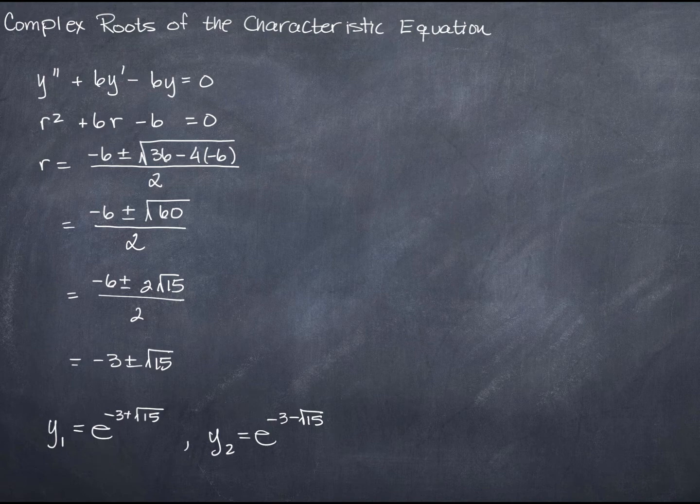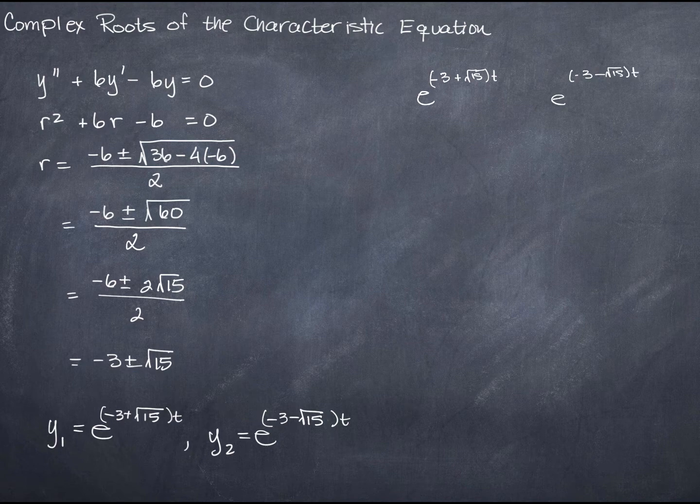If I compute the Wronskian here, I would get e to the RT, oh, I forgot my t here. e to the negative 3 plus root 15 times t for y1. e to the negative 3 minus root 15 times t for y2.